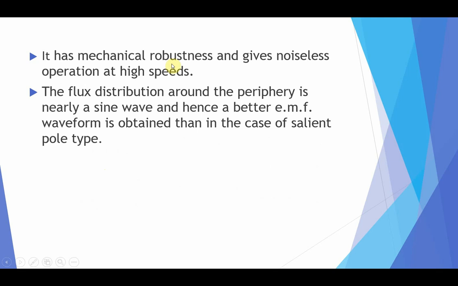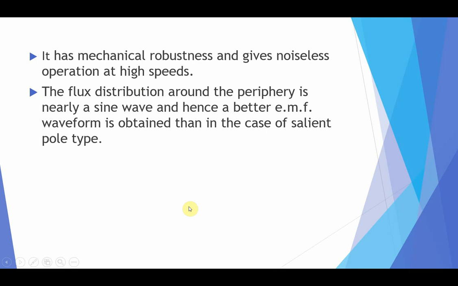It has mechanical robustness and gives noiseless operation at high speed, and the flux distribution around the periphery is nearly a sine wave, and hence a better EMF waveform is obtained than in the case of salient pole type. So it does not produce noise when driven at high speed, and another advantage is that the waveform obtained is nearly a sine wave.